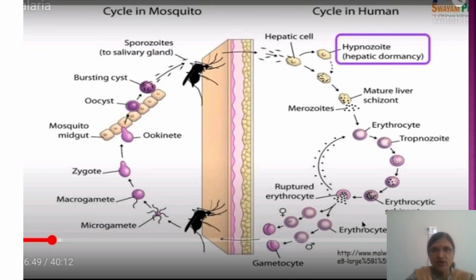Then after the schizont ruptures, the merozoites are released and they infect RBCs. Again, merozoites develop into trophozoite and schizont, called the erythrocytic schizont containing merozoites. Again the schizont will rupture and merozoites are released.